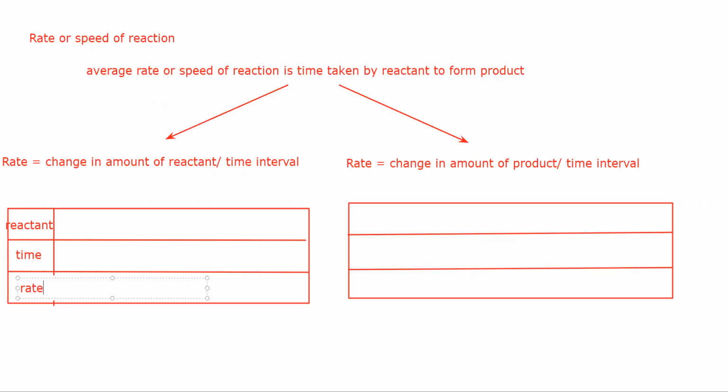And in the second table, you have product, time, and rate or speed of a reaction.